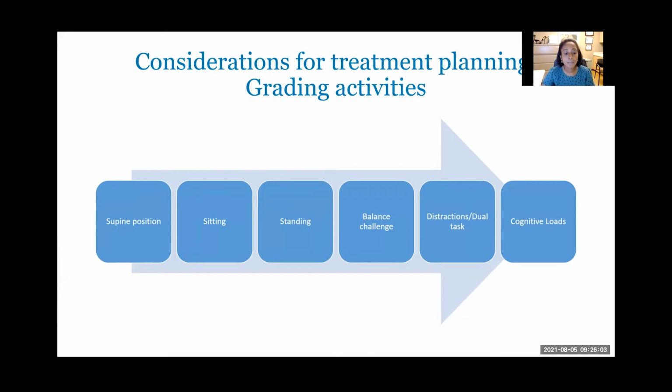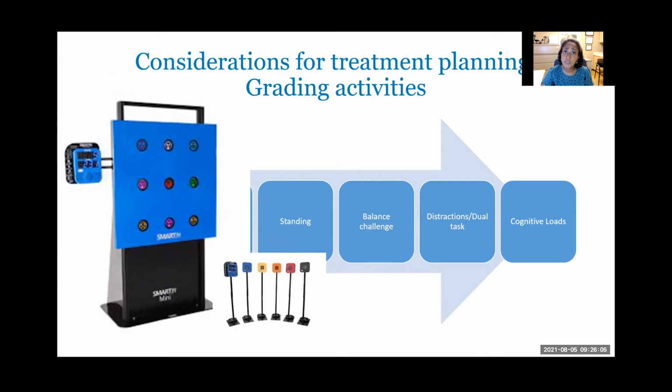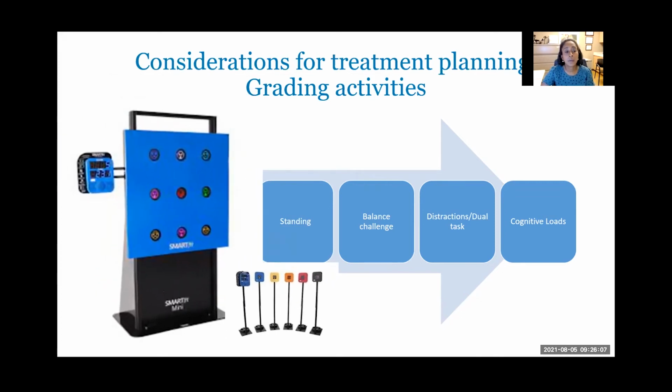And so for the purpose of today's conversation, I'm going to be thinking about using some of my activities in the clinic, but also tying in SMARTfit with some of these different positions and standing and adding in balance challenges, dual tasking, cognitive loads. So we'll keep that in mind throughout the next few slides.